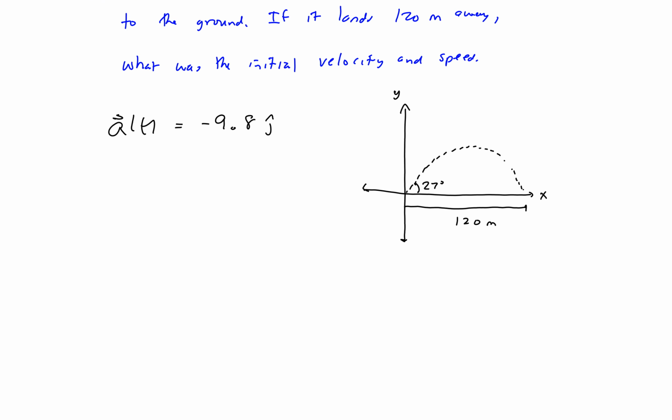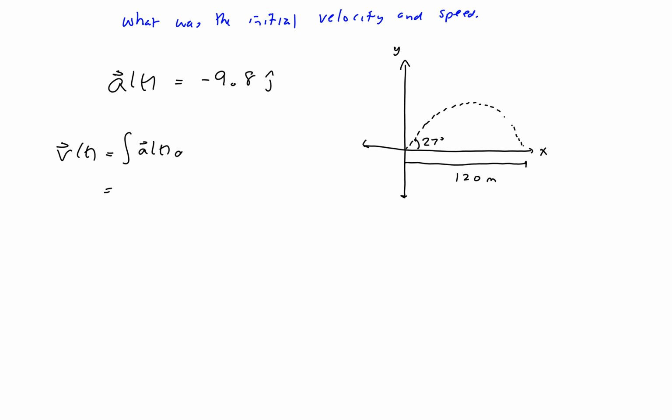To get the velocity, we integrate the acceleration. So this is going to be minus 9.8 t j plus our initial velocity. And notice our initial velocity here has to be a vector. It's not just a number.